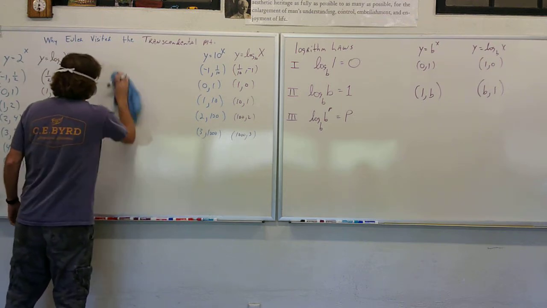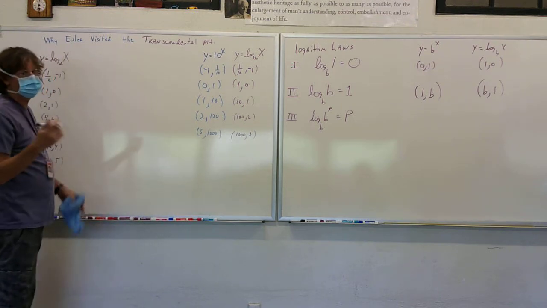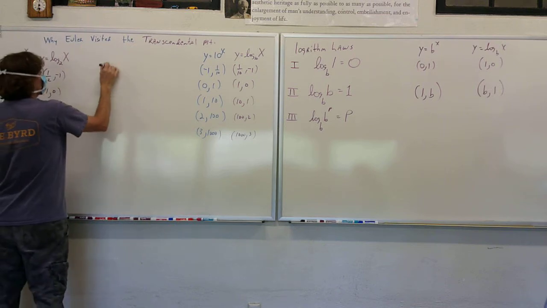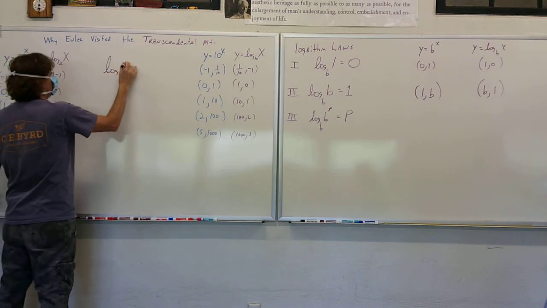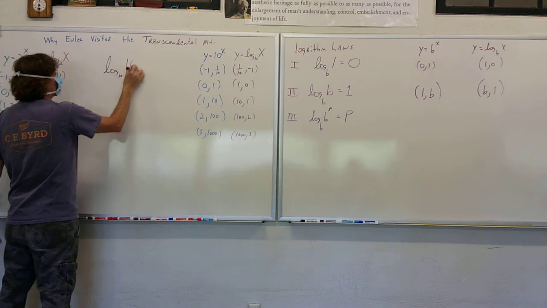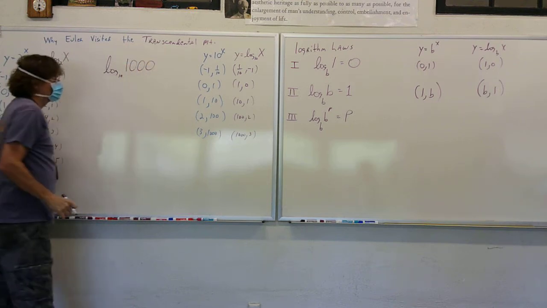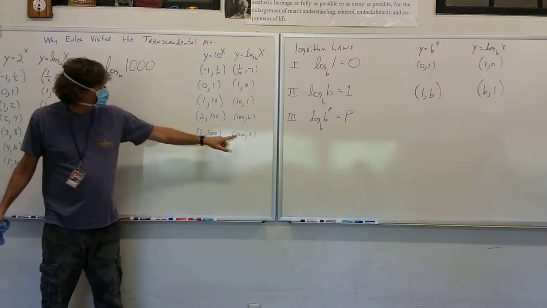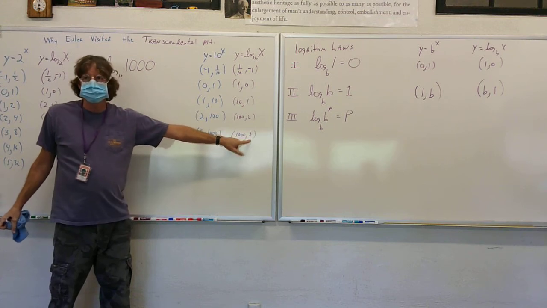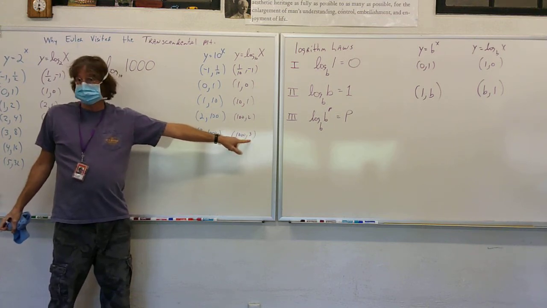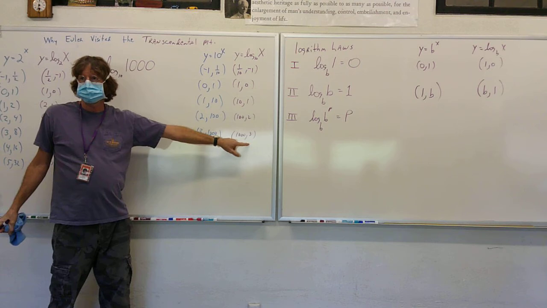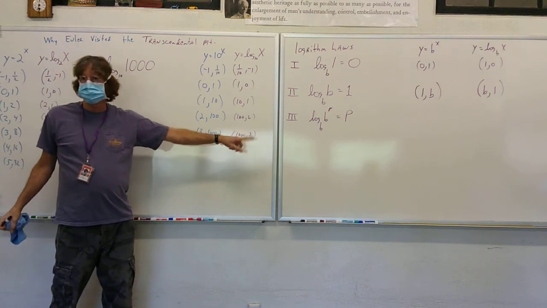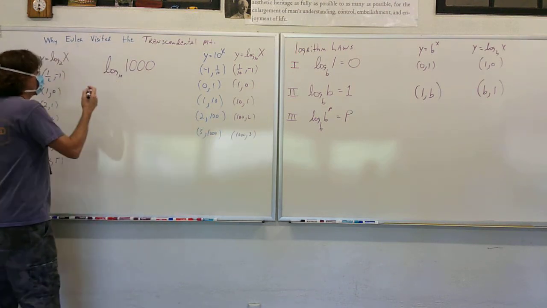I'm going to do it with log base 10 because this is what your chemistry teacher does to you. Log base 10 of 1,000. We know that log base 10 of 1,000 equals how much? 3. Is that okay? We know it's supposed to equal what? 3. Everybody okay with that? Well, here's what happens.